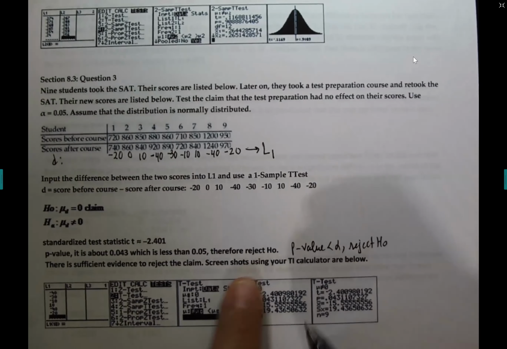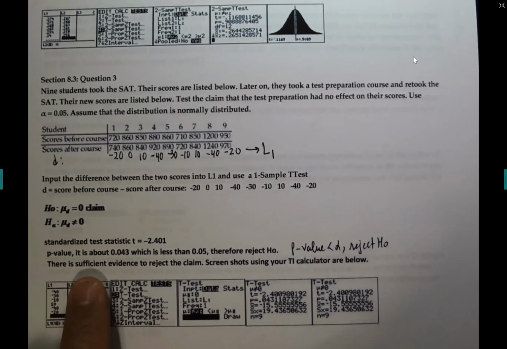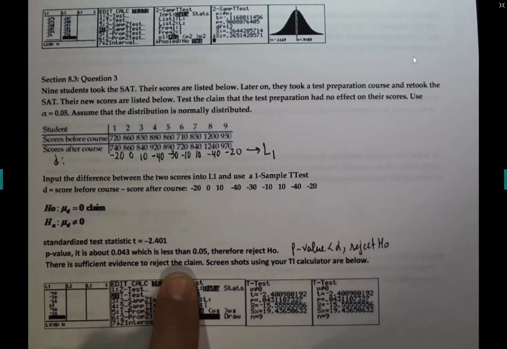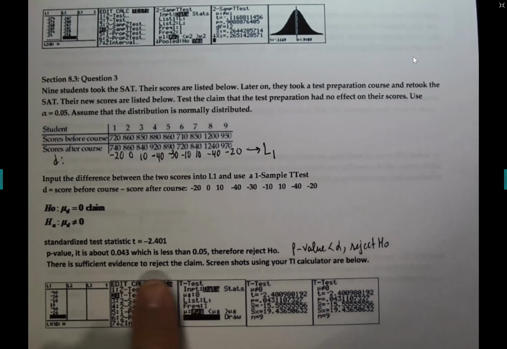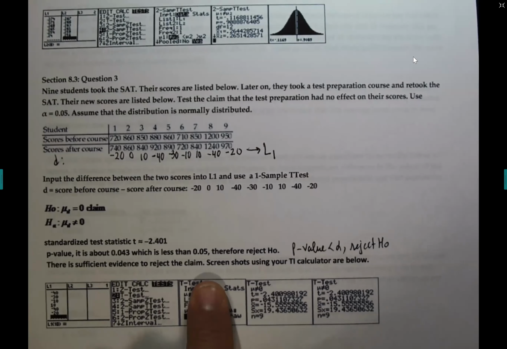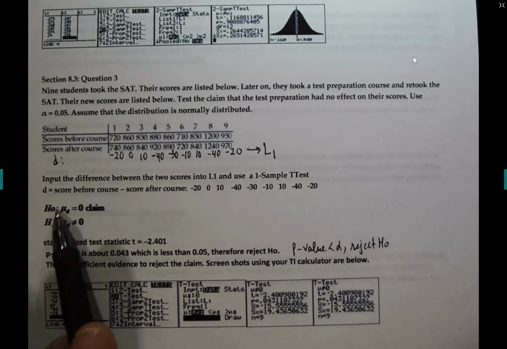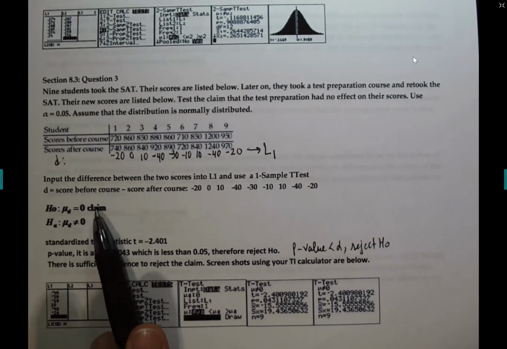And you say there is sufficient evidence at the 0.05 level of significance to reject the claim. And that is the conclusion of the problem. So we're rejecting the claim, so we're saying the claim is false. So probably the test is making a difference.